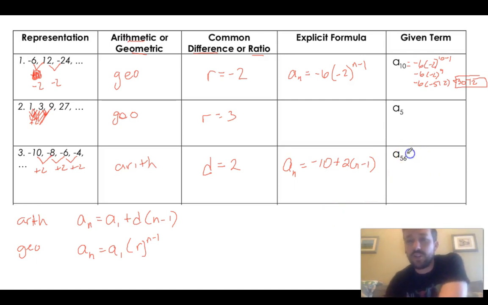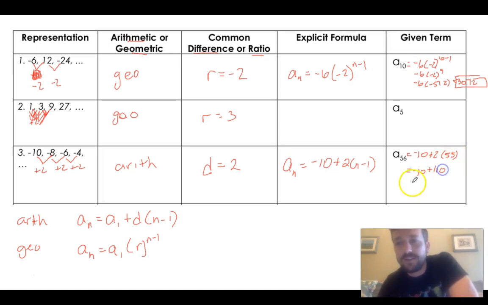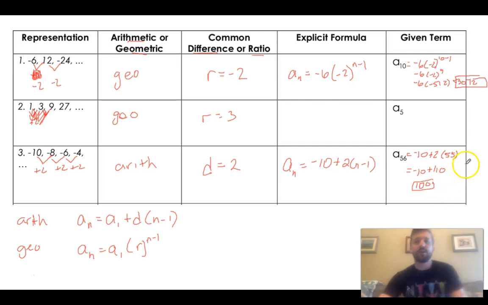Now I just need to find the 56th term, so I plug in 56, and 56 minus 1 gives me 55. Negative 10 plus 2 times 55, which is 110, leaves negative 10 plus 110, which is 100. And that would be the 56th term.